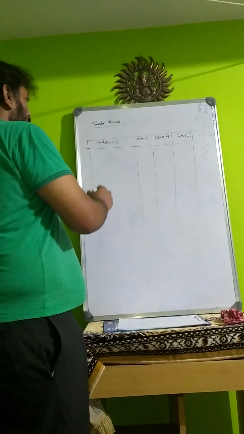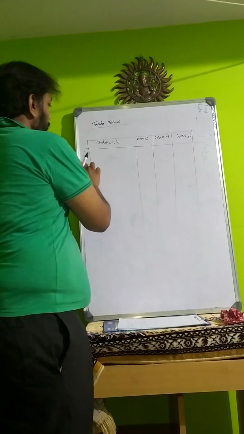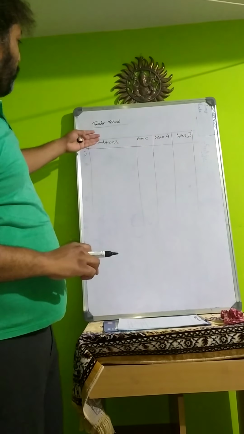This is how the tabular method looks. In the first row, what is the condition?